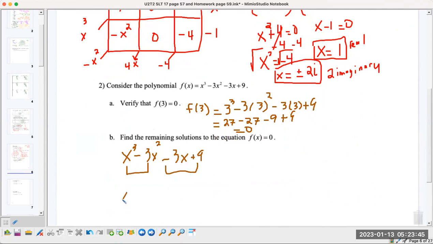So I'm going to pull out an x squared, and then I'm left with x minus 3. All right, so I'm going to pull out a negative 3. And I'll get x minus 3. Okay, factor by grouping tells me that what is not in the parentheses, which is x squared minus 3, is a factor.